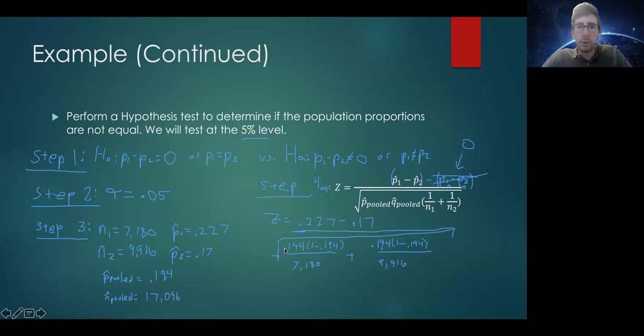Okay, so let's find out what 0.194 multiplied by 1 minus 0.194 is. 1 minus 0.194 on the inside is equal to 0.806. So I'm going to erase this and do it step by step, because I'm running out of room.